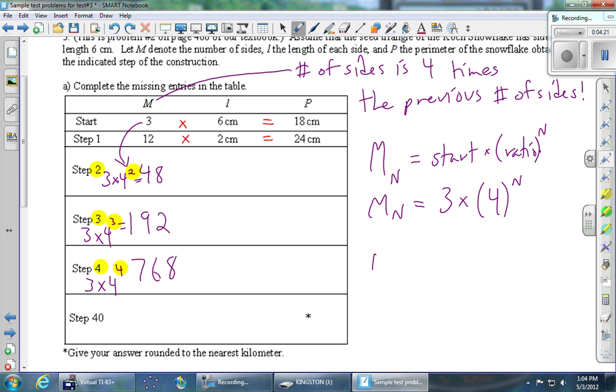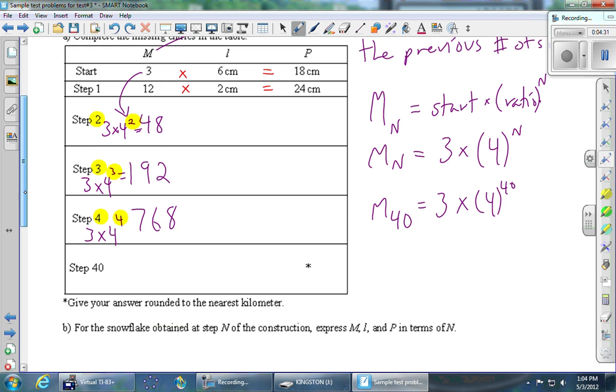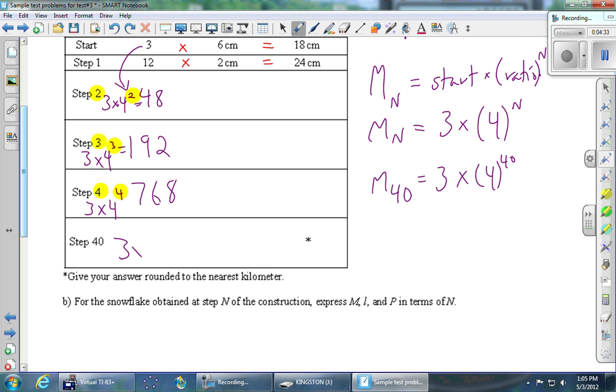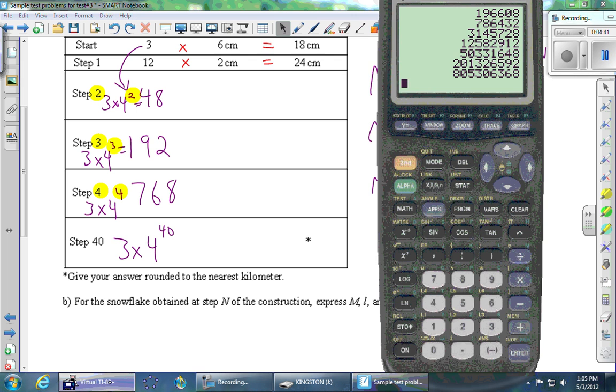So that right there is a good formula we can use to find the number in step 40. So let's fill that in. If I go 40 steps in, it's really 3 times 4 to the 40. So I'll just put that here, 3 times 4 to the 40th power. And you can type it in, it's some astronomical number.